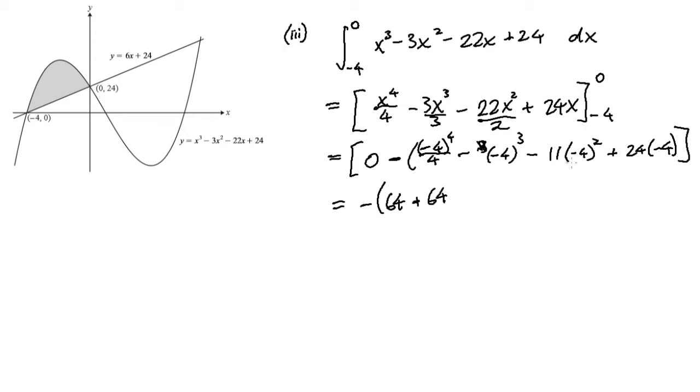Minus 11 multiplied by -4 squared, this is a positive 16, so we take 16 times 11 is 176, and finally, over here we have 4 times 24, which is 96, and it's a negative 96. And when you do 128 minus 176 minus 96 is minus 144, but there's a negative outside, so you get 144 units square.